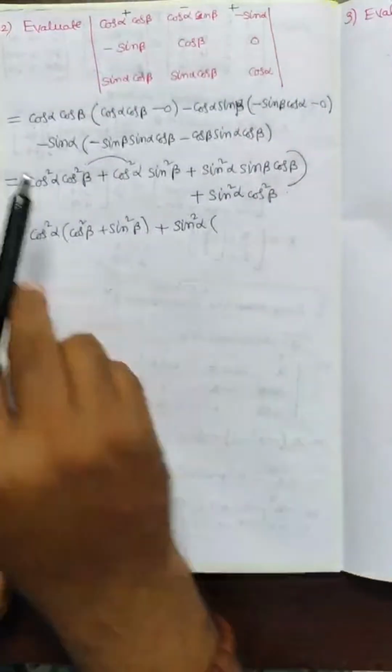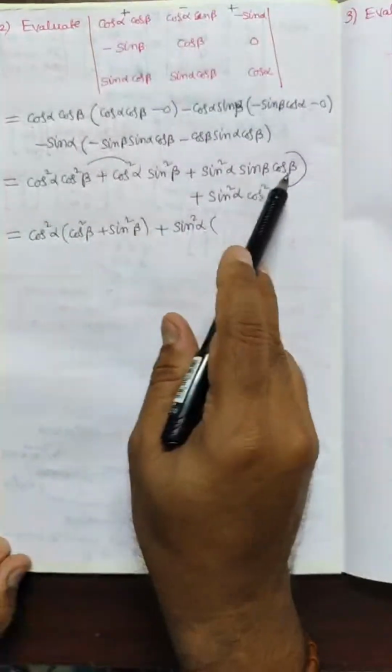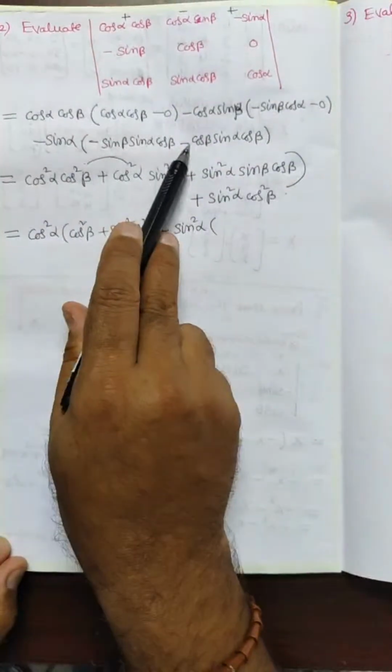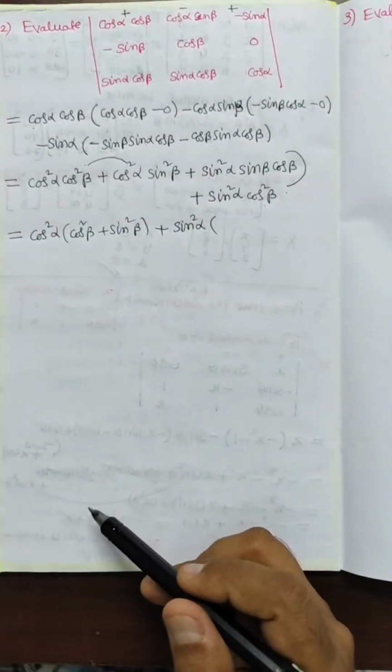Minus into minus is plus, sin square alpha sin square beta. Next, minus into minus is plus, sin square alpha into cos square beta.